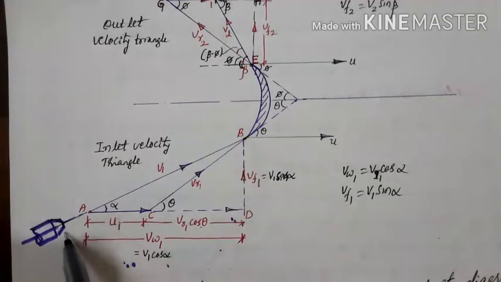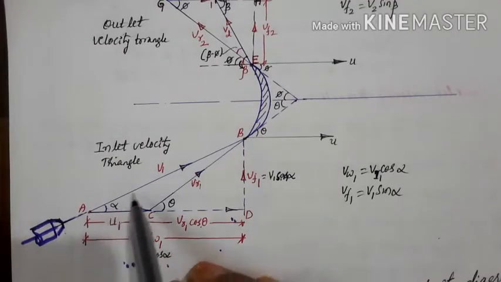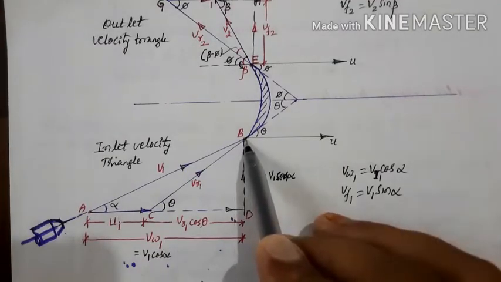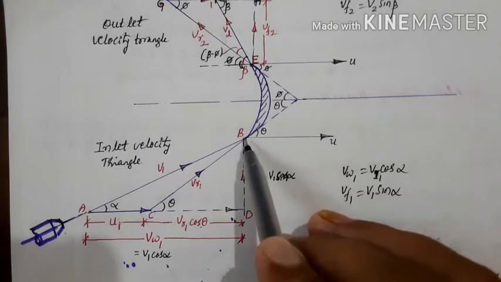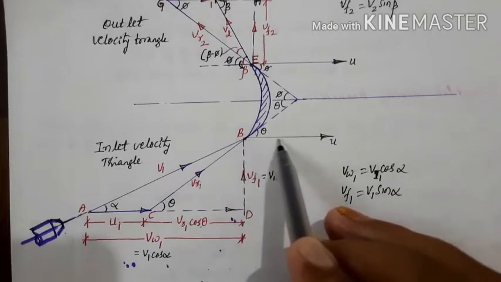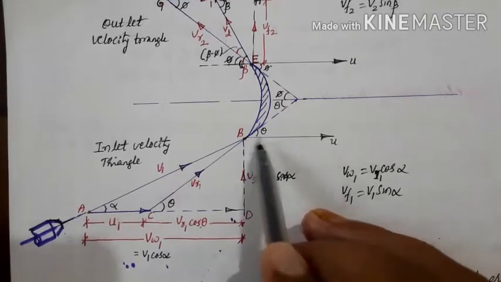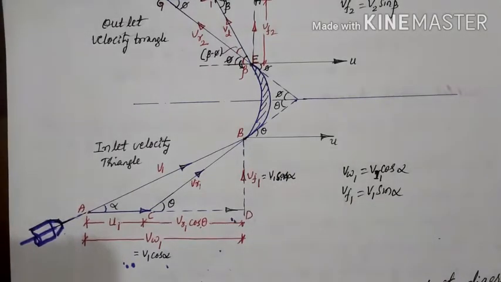The jet is coming out of the nozzle and it is striking the moving curved plate or the vane tangential to the shaft. We can call it tangential to the shaft of the turbine, like this.